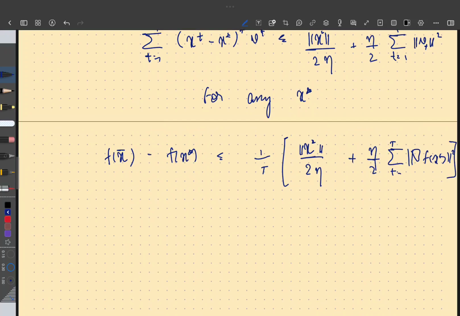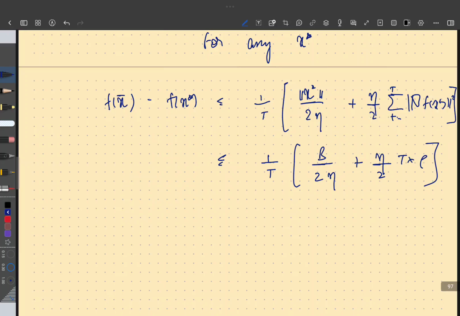Okay. So now this quantity is less than or equal to 1 over T times, we'll make another assumption that the norm of x star is also less than or equal to b. So if we do so, this is less than or equal to b by 2 times eta plus eta by 2 times T times rho.